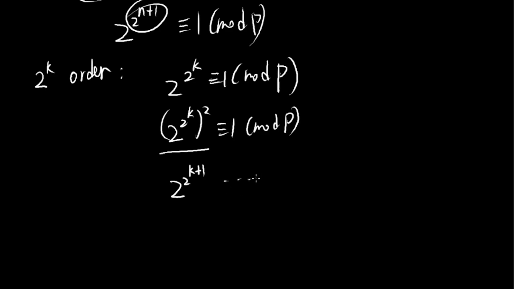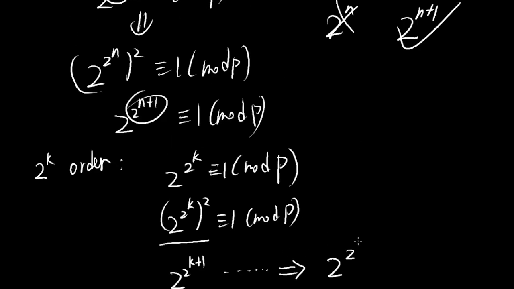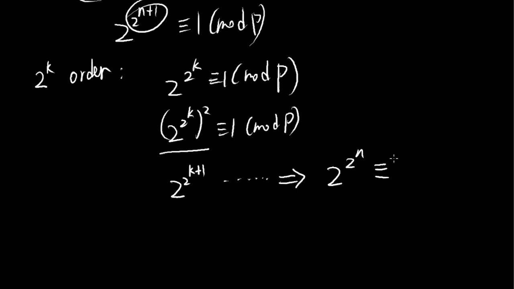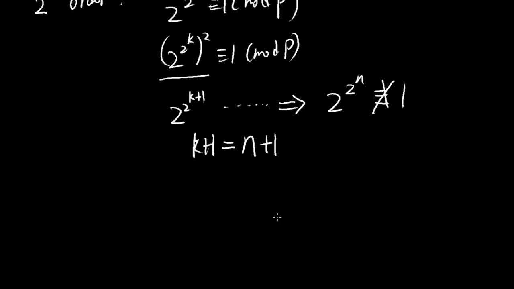And finally, after many steps, we can get to 2 to the power of 2 to the power of n. But that one is congruent to -1 and not congruent to 1. As a result, we know that k plus 1 should be equal to n plus 1. Sorry, k should be equal to n plus 1. And it gives us that 2 to the power of n plus 1 is indeed the order.